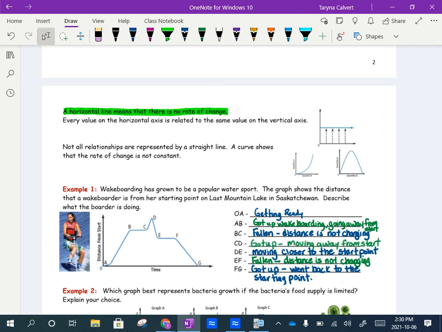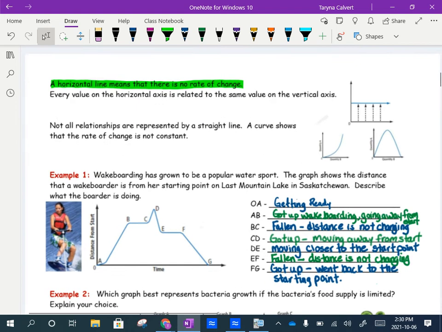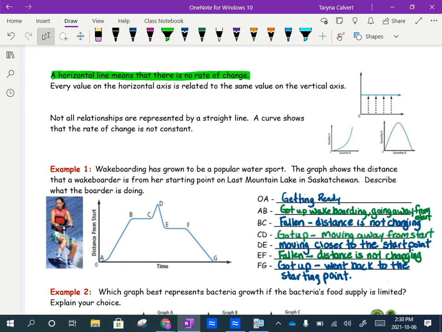We're not moving, things like that. Horizontal line. And then if there's not a constant movement, then you're going to have a curved line, right? So not constant. So a curve shows that the rate of change is not constant. So it's not changing by the same amount.